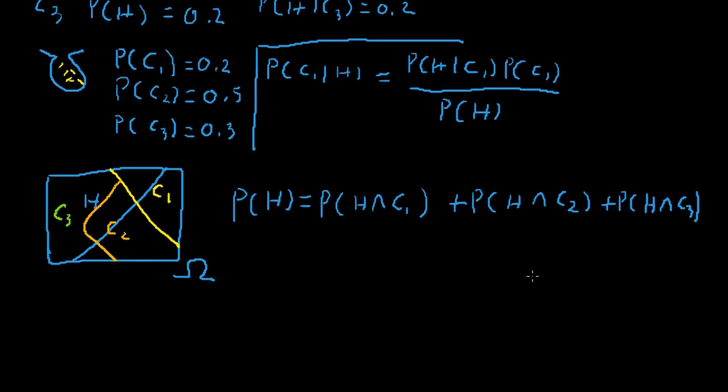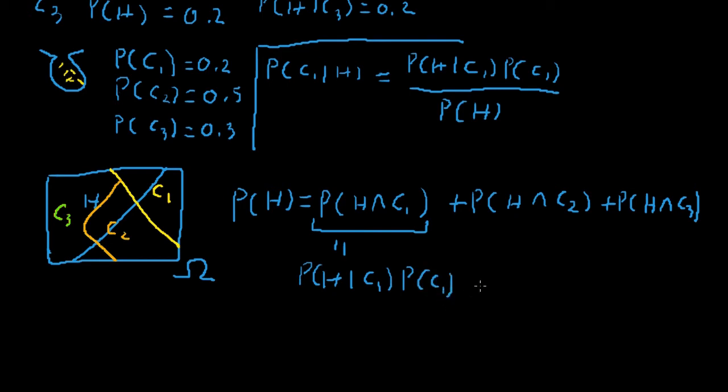If we remember our Bayes rule, or the factorization that led to Bayes rule, we can break up each of these probabilities in terms of things we know. So for example, the intersection here, I can just factor as the probability of H given C1 times the probability of C1.